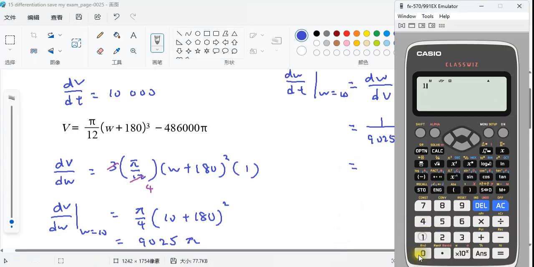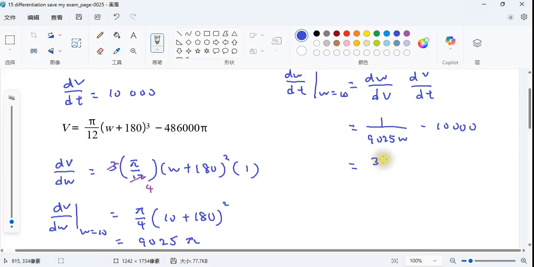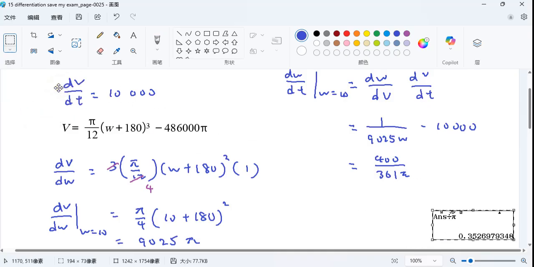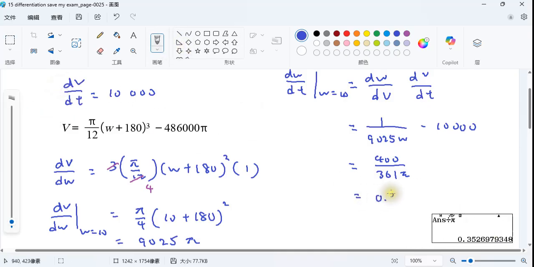So we have 10,000 divided by the answer, divided by π, which gives 0.353. So we will have 0.353 cm per second.